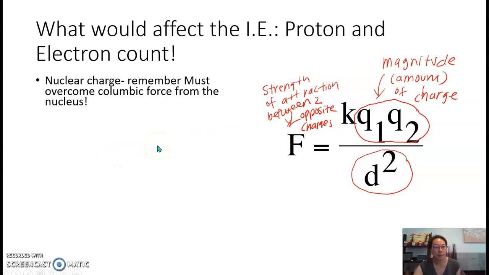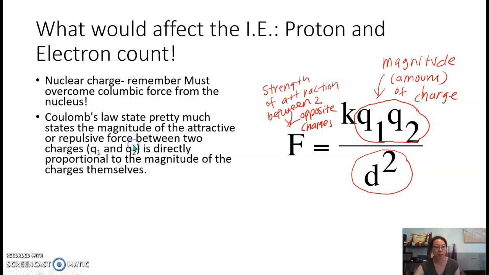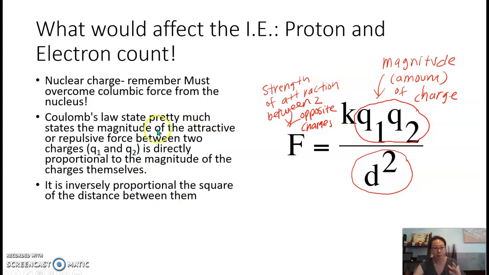Okay, so keep in mind that when we ionize things, you have to overcome that nuclear charge. So essentially what that's saying is you have the protons in the nucleus attracting the electrons outside of the nucleus, and you have to be able to break that attraction in order for electrons to ionize. This is some of the dialogue that I said regarding Coulomb's law, all right?